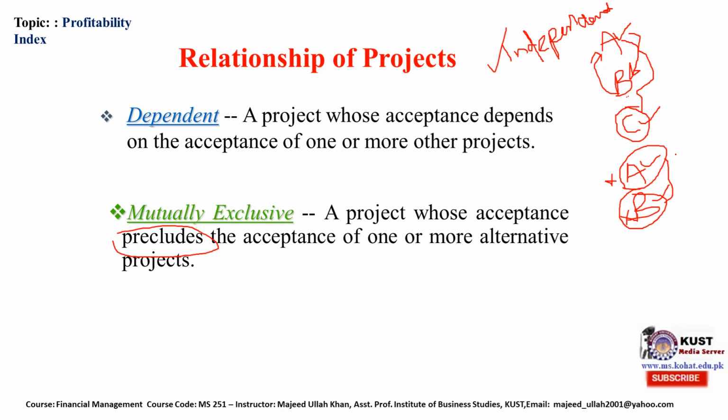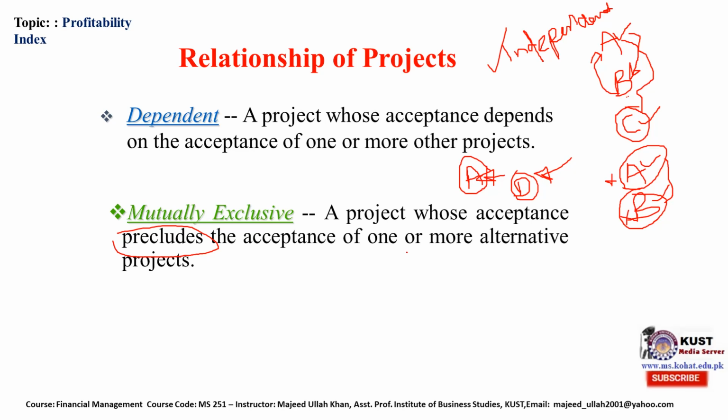So these mutually exclusive projects have certain issues. Similarly, for dependent projects, let's suppose we want to buy a project which is machinery A, but for this machinery another small machinery D will be required. So the acceptance of D is dependent on project A. These are dependent projects.